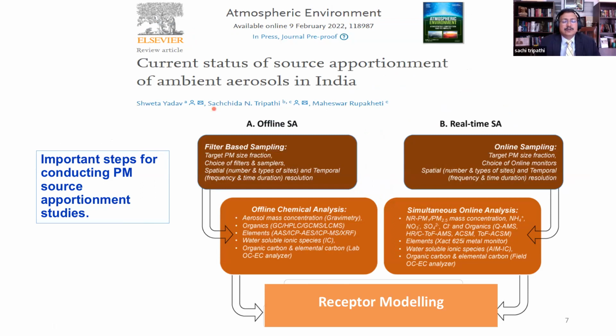So you have two broad sets of methods, to be more precise, which you could use to do source apportionment using the receptor approach. One is offline, where things are collected on filters.